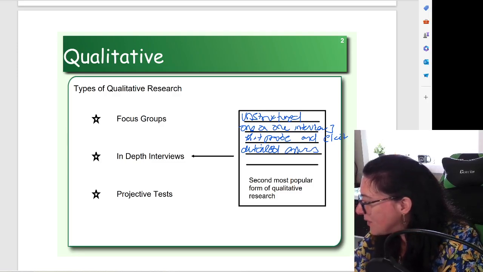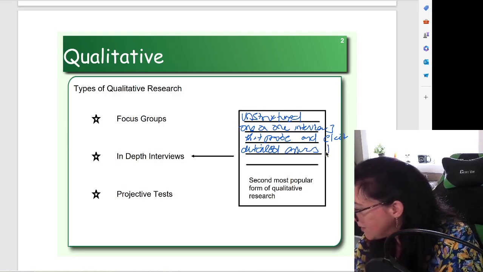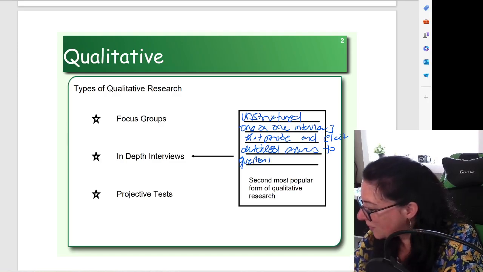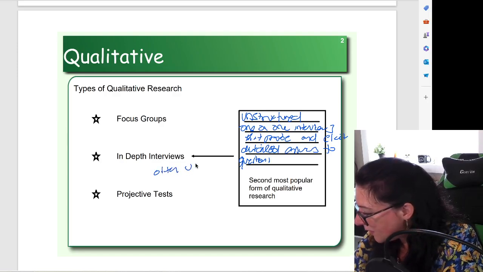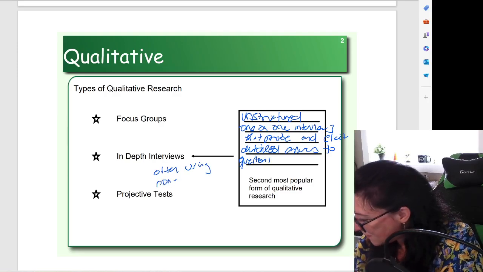Unstructured one-on-one interviews that probe and elicit detailed answers to questions. And then we'll just write here, often using non-directive techniques.